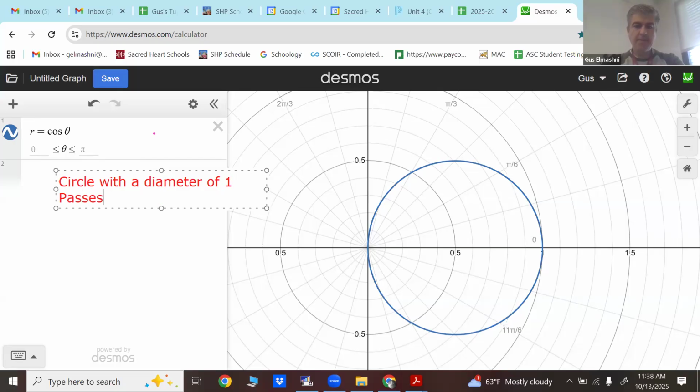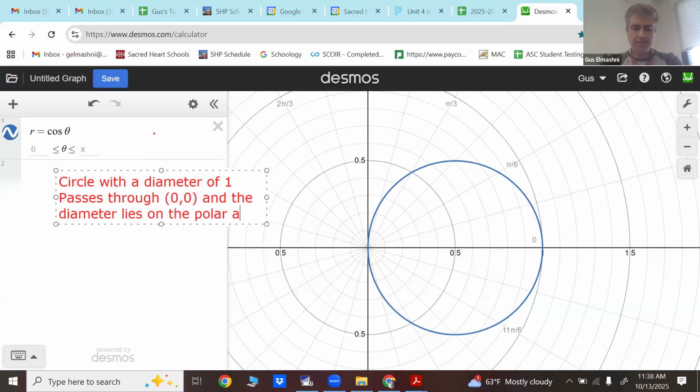It passes through 0, 0. And the diameter lies on the polar axis. And the right side. Lies on the right side.